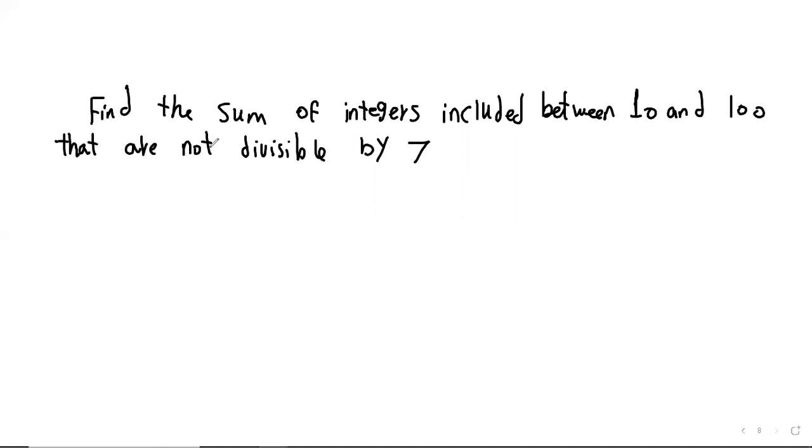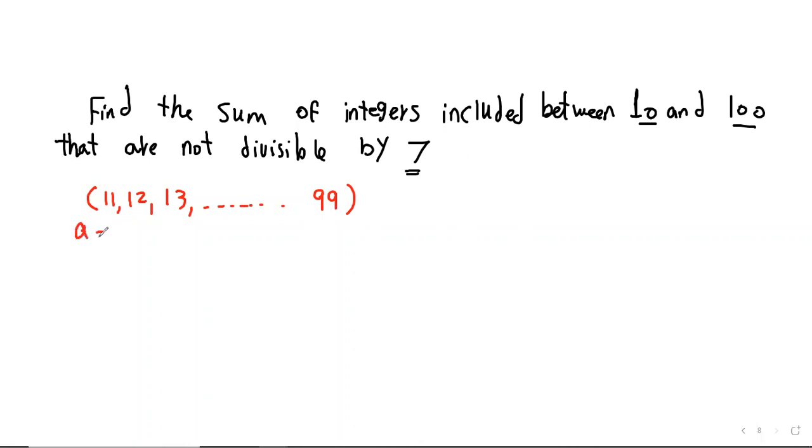How can we find the sum of integers between 10 and 100 that are not divisible by 7? The integers between 10 and 100 are 11, 12, 13, 14, 15 till 99. They are all the integers between 10 and 100. We can find Sn here.